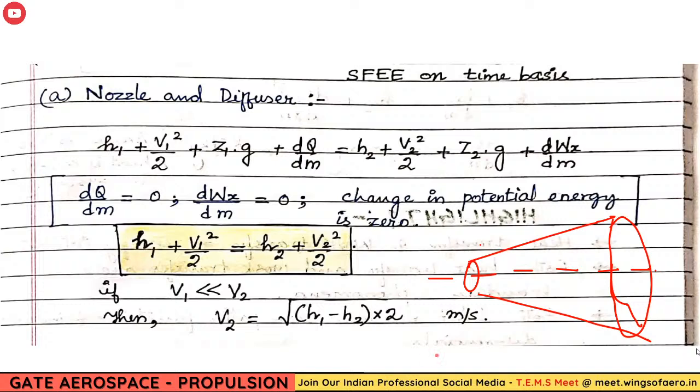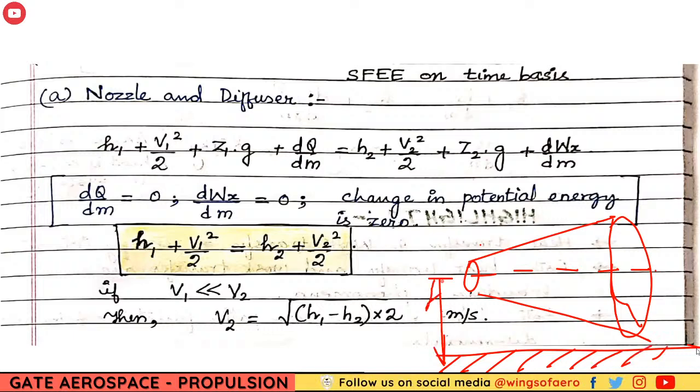If I take a reference from here, can I say that Z1 will be the same as Z2? So that's why they say the change in potential energy is zero, considering this condition.